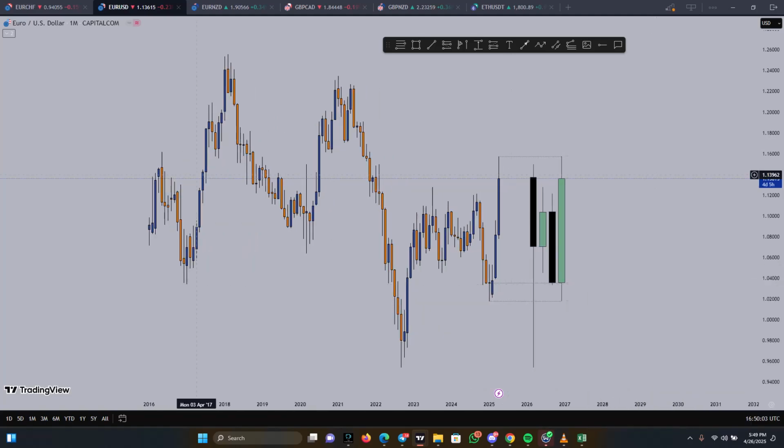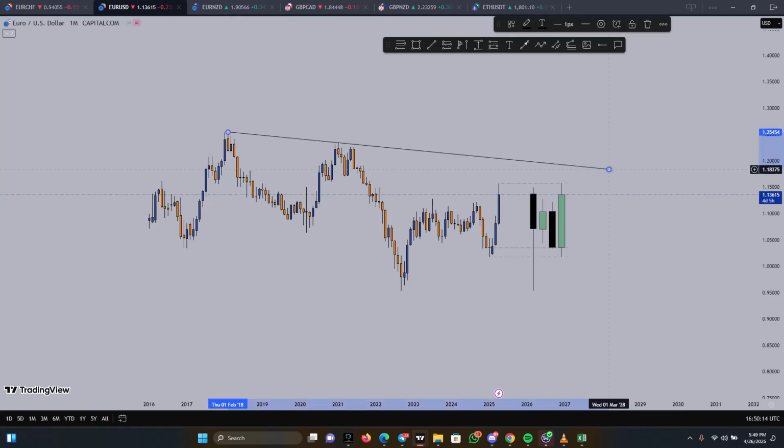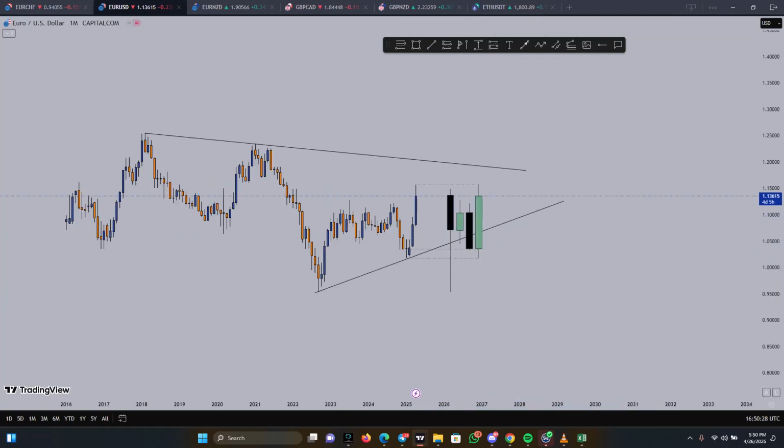So this is the monthly time frame. It's still okay, and we are still on point on the EURUSD. I've been analyzing it from here, but the market refuses to play by its rules.